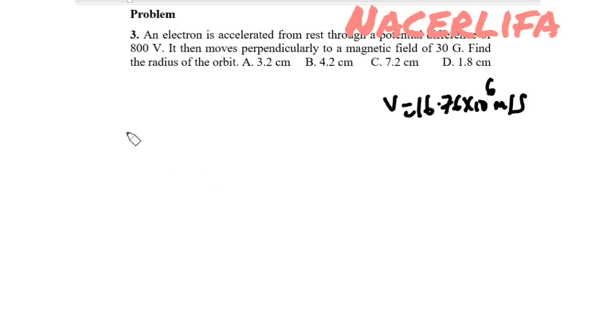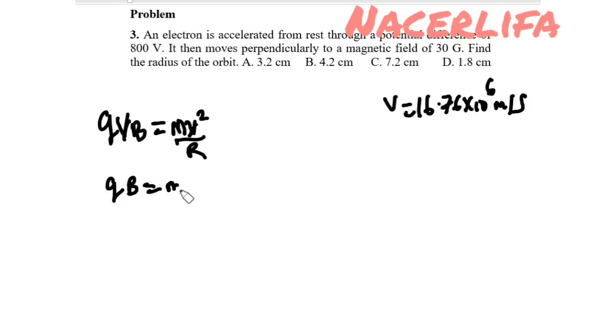So we have that the maximum force QVB equals the centripetal force, mv squared upon r. One of these V's can cancel, and if it cancels, you have that QB equals mv upon r. So we can now quickly find the radius of the orbit from this, employing this formula. R equals mv upon QB.